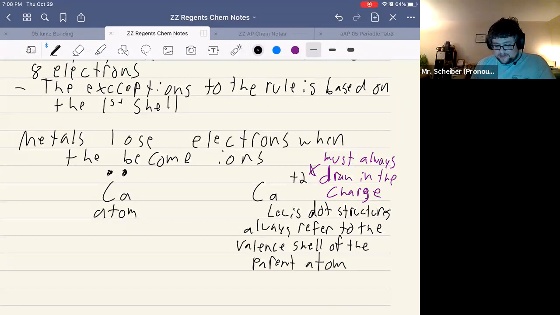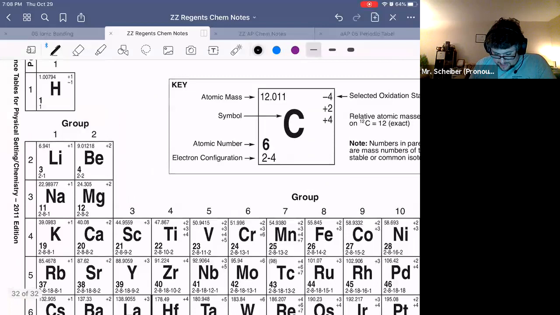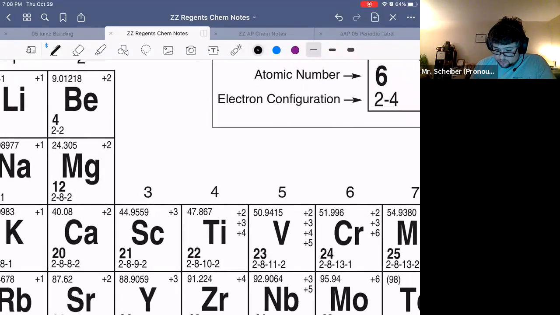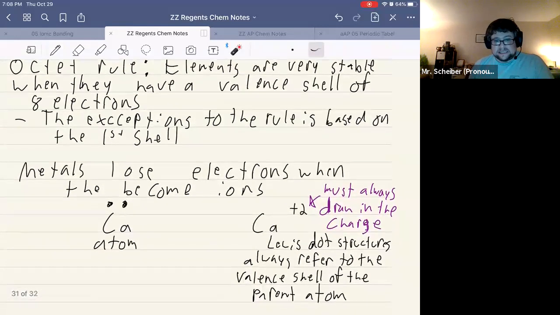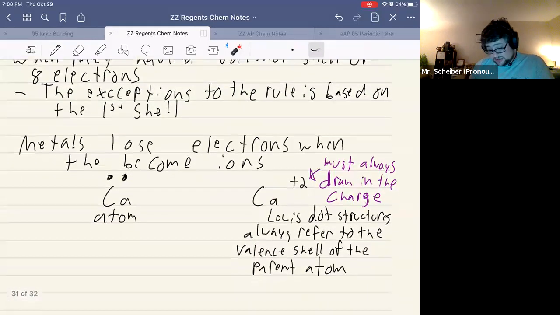So calcium's valence shell as an atom is the 4th one, right down there. So whatever ion calcium would make, we draw the Lewis dot structure with reference to the 4th shell, which is why over here we're not drawing any dots. It's not that it doesn't have any electrons, okay?